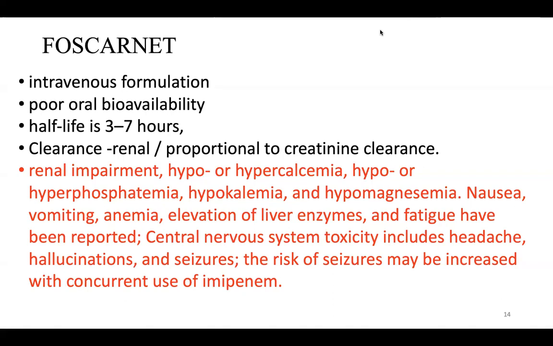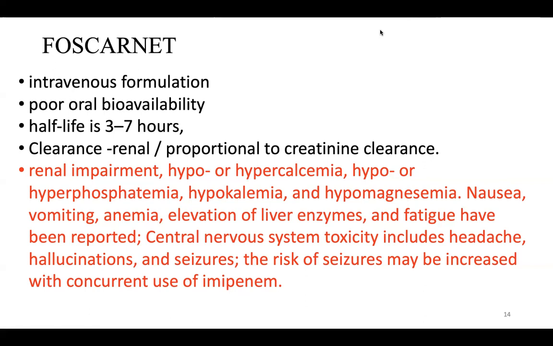Foscarnet is available in intravenous formulation only. Poor oral bioavailability and gastrointestinal intolerance preclude oral use. Cerebrospinal fluid concentrations are near 67% of steady state serum concentration, and the mean plasma half-life is 3 to 7 hours.